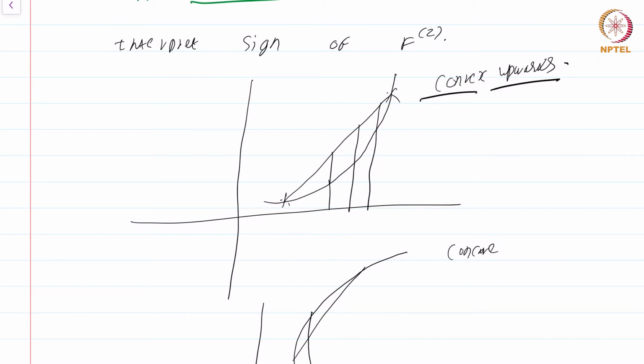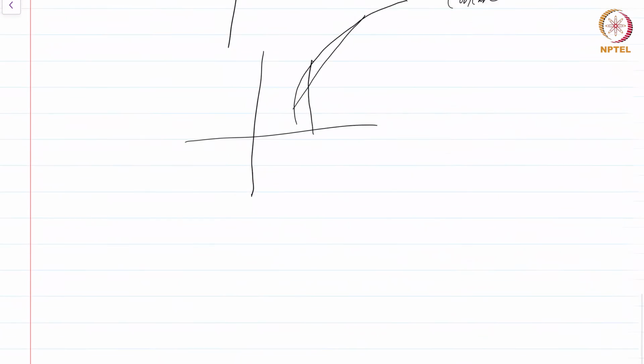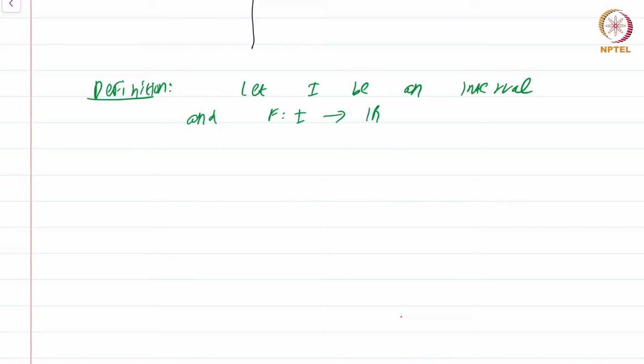Okay, let's define this formally. Definition: let I be an interval. I'm not specifying whether it's closed, open, half closed, nothing like that. And f from I to R be a function.